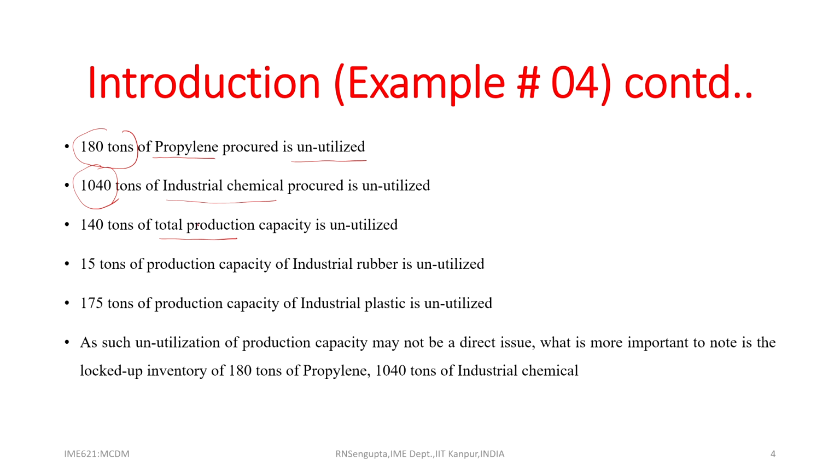Total production unutilized will be 140 tons. For the output, industrial rubber and industrial plastic, denoted by the variables x1 and x2, unutilized will be 15 tons for product 1, since the maximum capacity for each of product 1 and product 2, x1 and x2, was 175, and 175 would be the unutilized capacity for product 2.